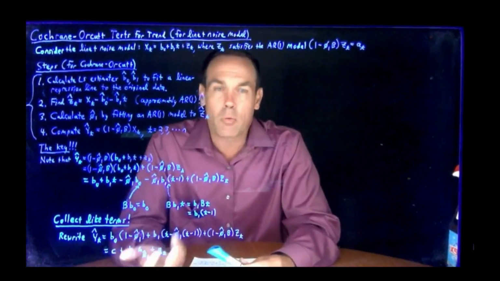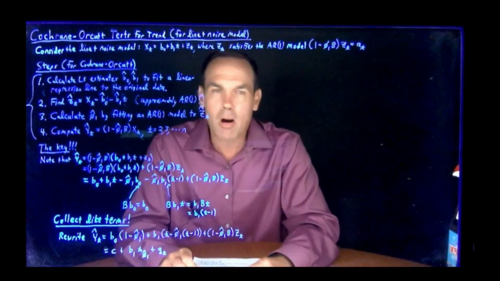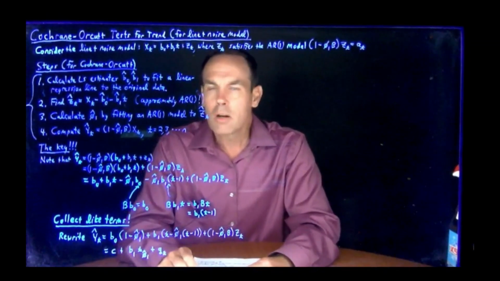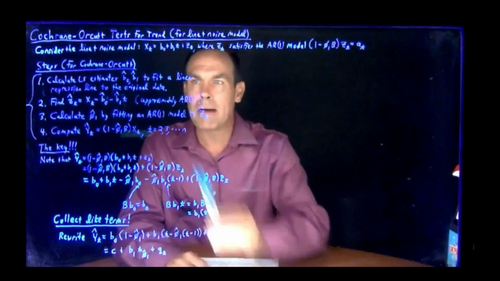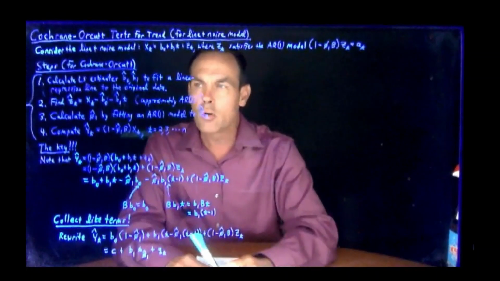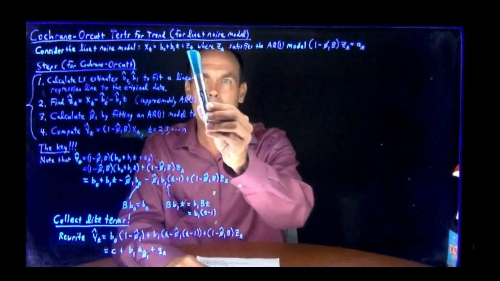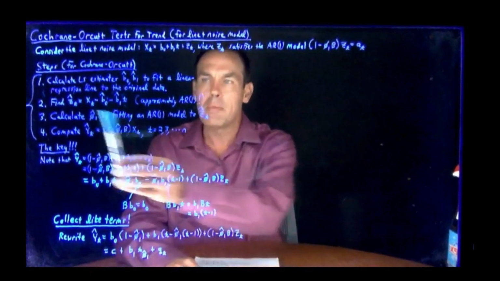So at this point, we're not even thinking that we're in a time series setting. This is just part of the Cochrane-Orcutt test, though. Okay, well, given that, since we fit the B0 and B1 by this beta hat 0 and beta hat 1, we can then calculate z hat t. So we have an estimate for these residual terms by simple algebra.